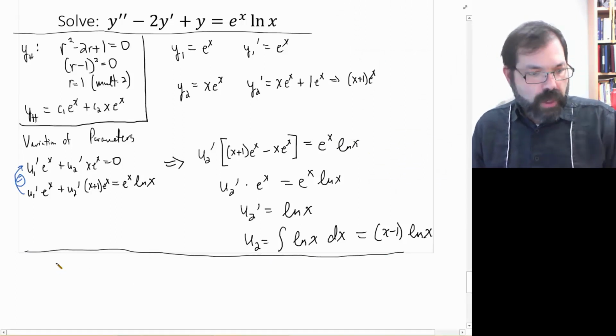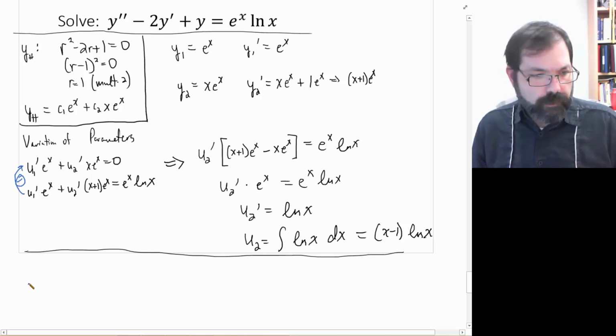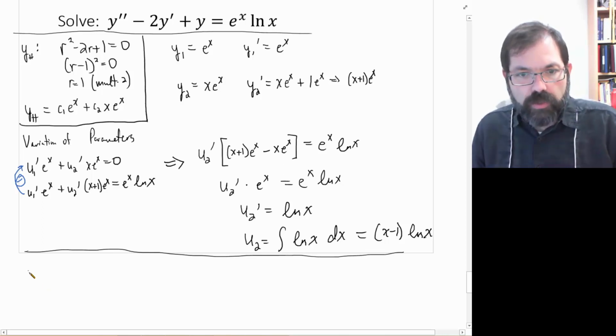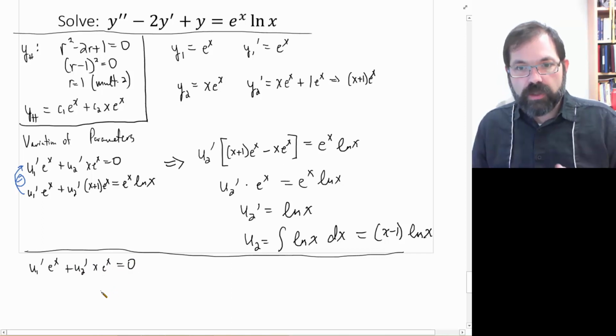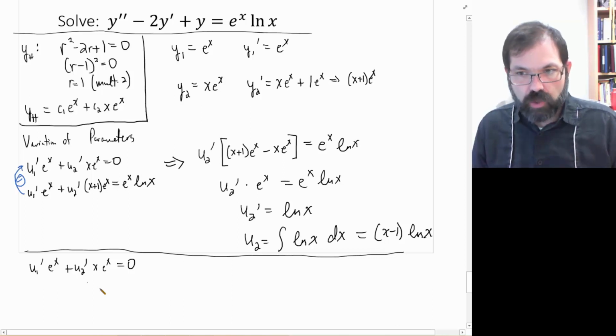Now I've got to figure out u1. Again, let's go back to the first equation of the system. And I know that u1 prime e to the x plus u2 prime x e to the x is equal to 0. And I know that the u2 prime is the natural log of x. So I've got u1 prime e to the x plus natural log x times x e to the x is equal to 0.